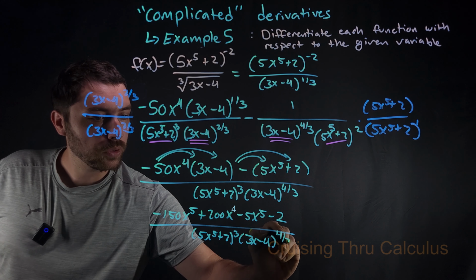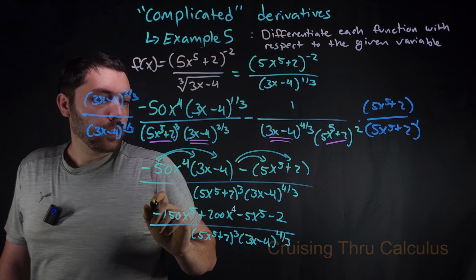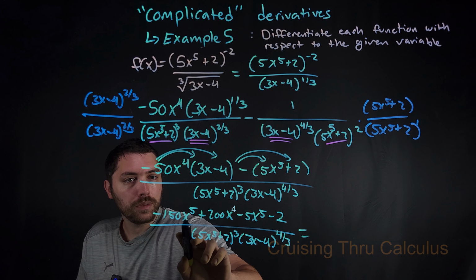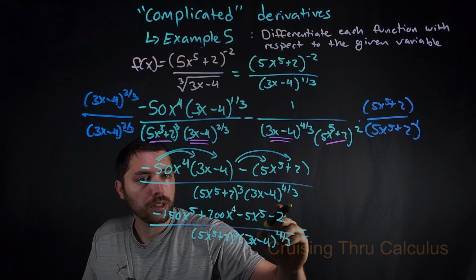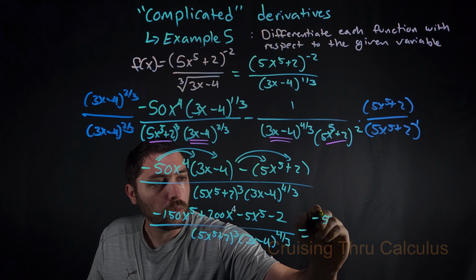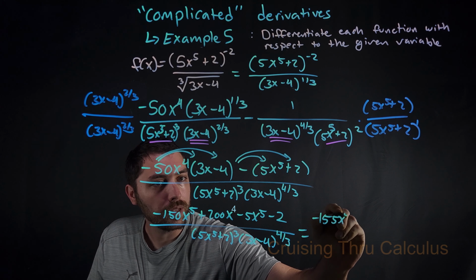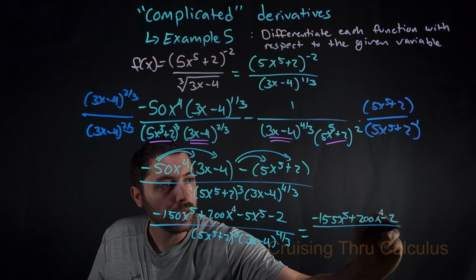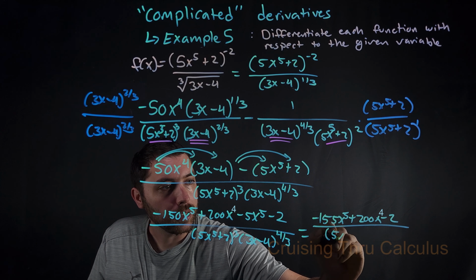Let's see, that should be 4/3. Look at this, I think we're nearing the end here because I have negative 150x to the 5th minus 5x to the 5th. That's going to be negative 155x to the 5th plus 200x minus 2 all over that denominator there.